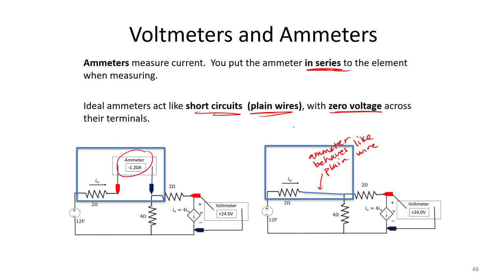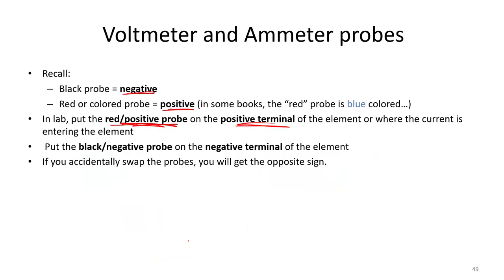So, like shown here, notice the red probe goes on the positive part. Or in the case of the ammeter, you want to have the current enter the red probe. And finally, of course, the black or the negative probe should be put on the negative terminal of the element.